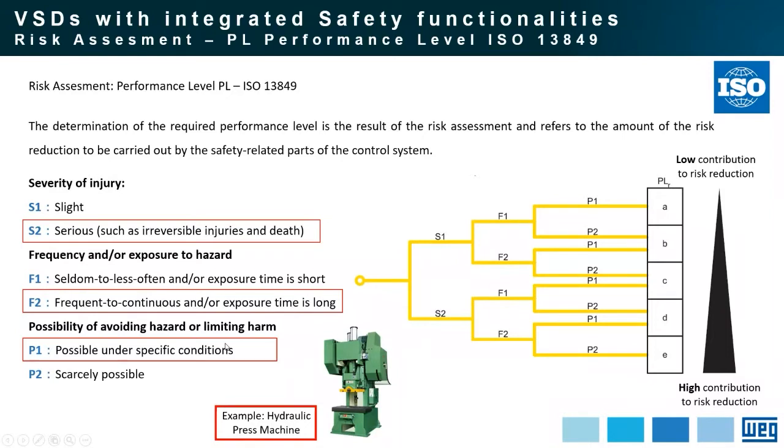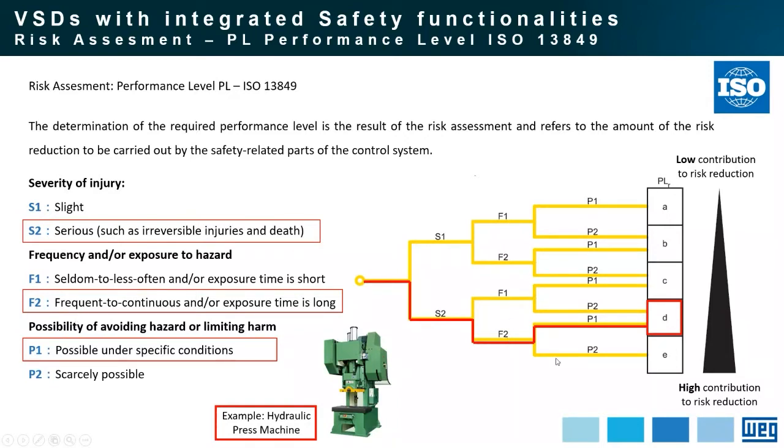So following here the yellow lines for the hydraulic press machine example, we will see that the first answer is S2, serious. The second one, concerning frequency, is F2, frequent.